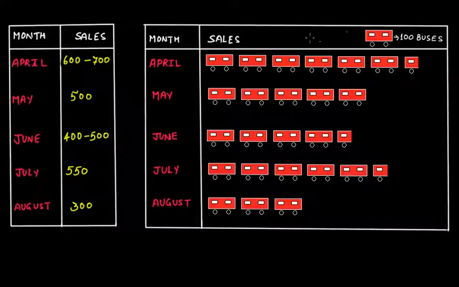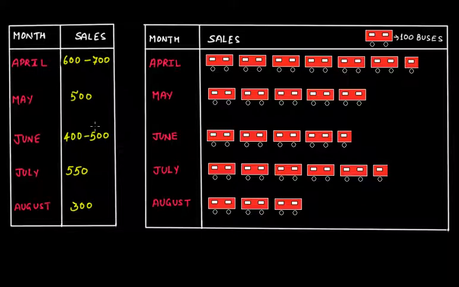If nothing has been mentioned here, and this is in terms of a range that you are not very clear of, you can represent even half, or by taking out a little portion of this bus, even that will be completely fine. Similarly here it's 400 to 500, so for 400 to 500 I have represented 4 full buses, and this portion of one bus tells that the figure can lie between 400 and 500.